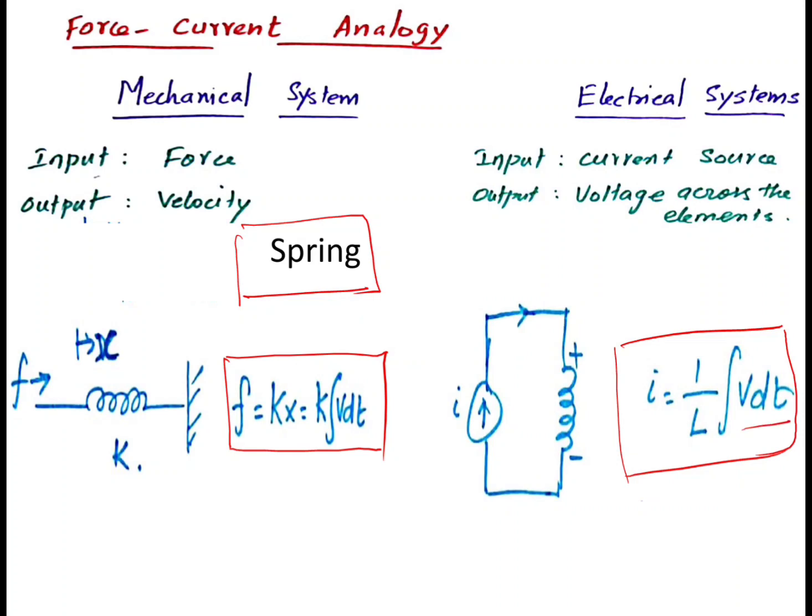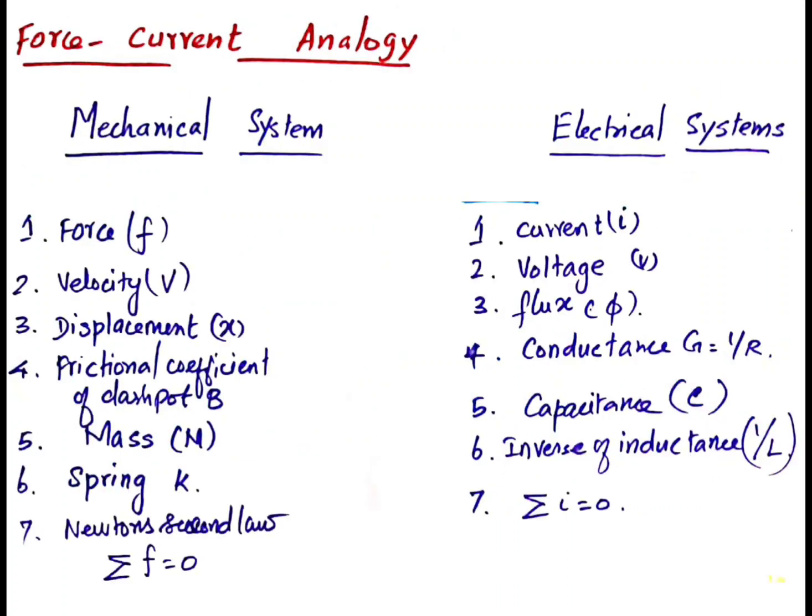So this is the introduction to the force-current and force-voltage analogies. In the force-current analogy, the input is current and the output is the voltage across the element. Now I am going to relate the terms and notations of the mechanical and electrical systems. In the mechanical system, force F is equivalent to I. Velocity v is equivalent to voltage.